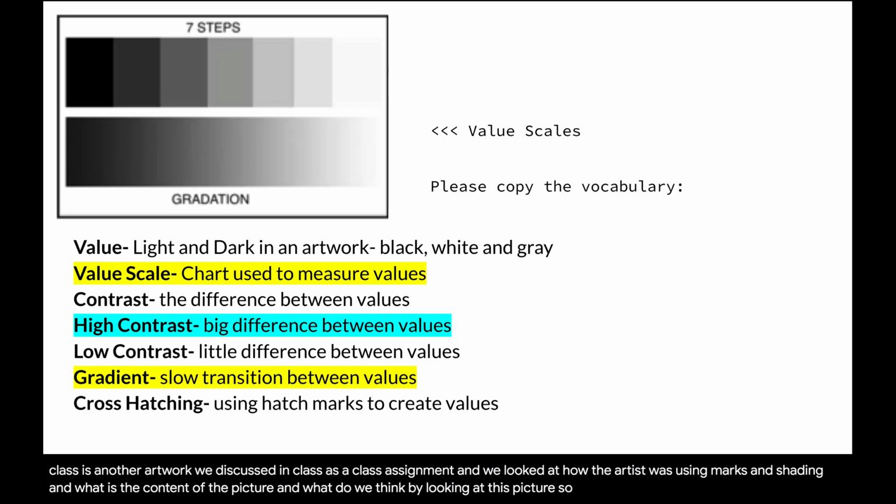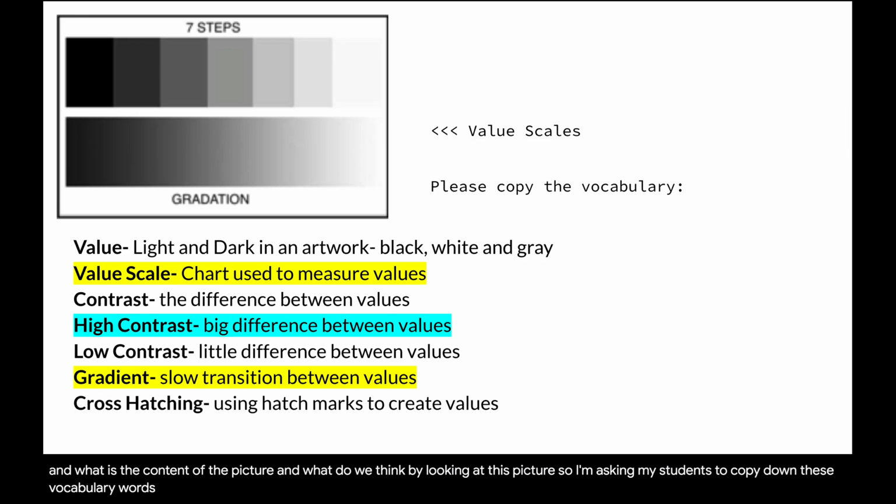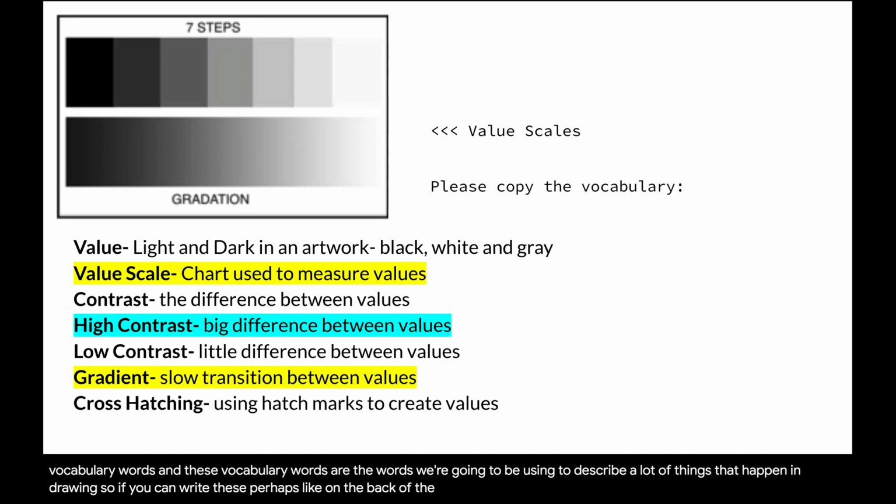So I'm asking my students to copy down these vocabulary words. And these vocabulary words are the words we're going to be using to describe a lot of things that happen in drawing. So if you can write these perhaps on the back of the page you're going to draw on soon.